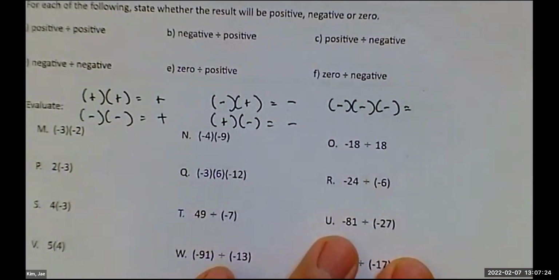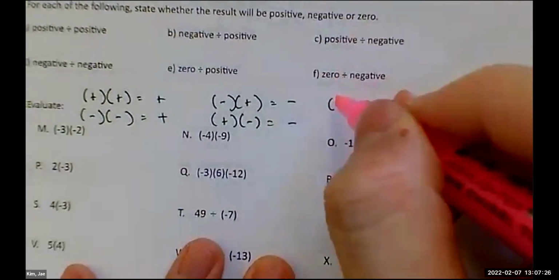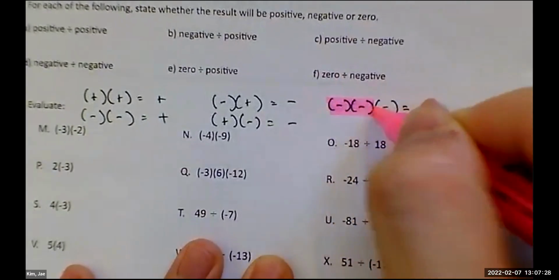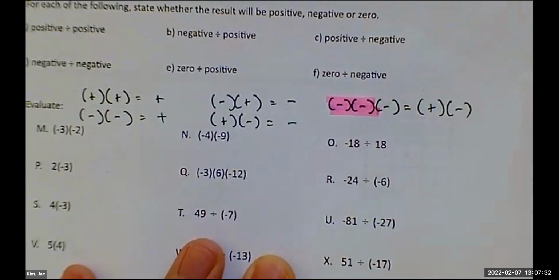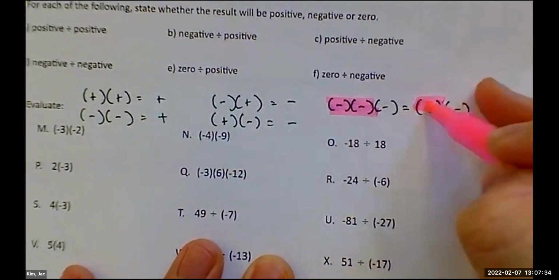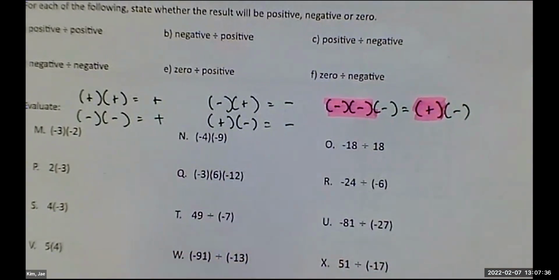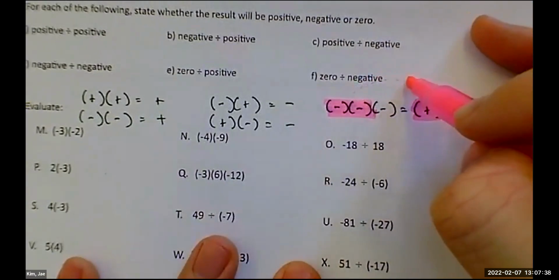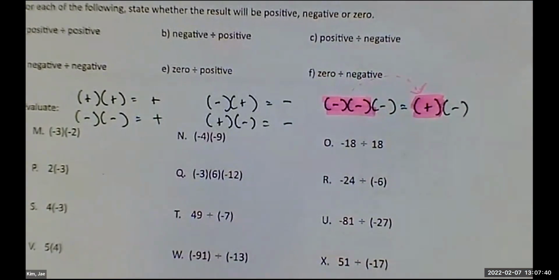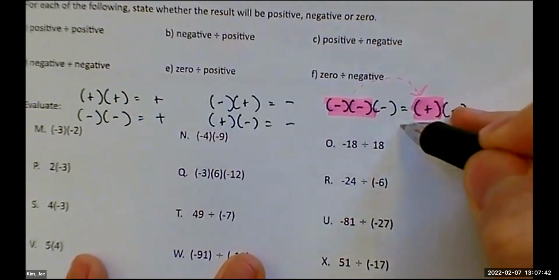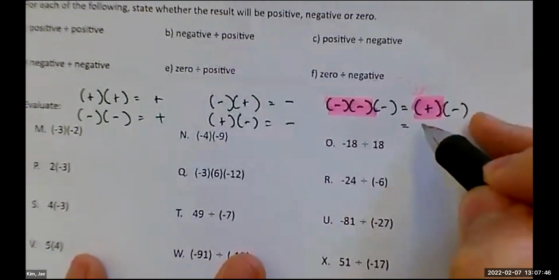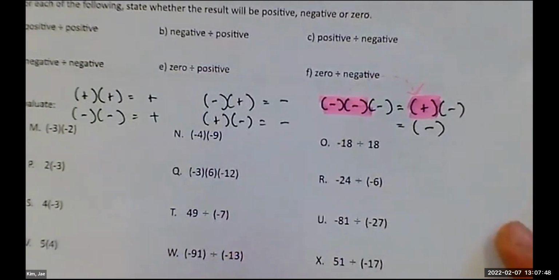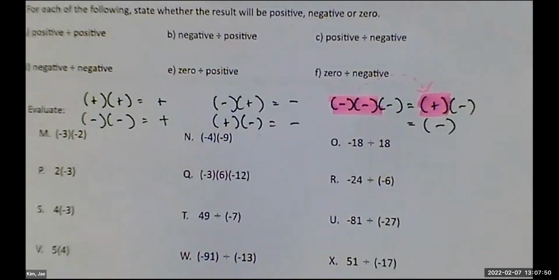So that becomes, I'm going to highlight it, this part right here becomes a positive times a negative. It becomes this. And so from here, what's a positive times a negative? Again, you look right here. It's two different signs. It's going to be a negative.